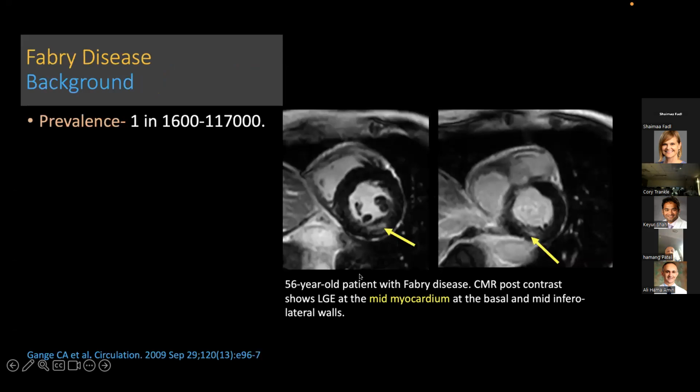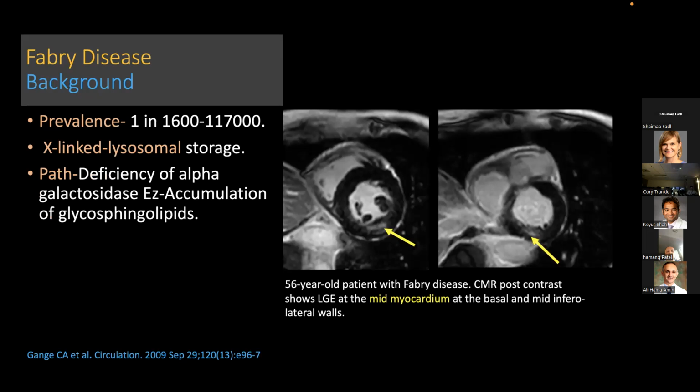So it's a rare disease. The reports in the literature varied between 1 in 1,600 to more than 1 in 1,700, so it's really variable, but it's uncommon. It's an X-linked lysosomal storage disease.